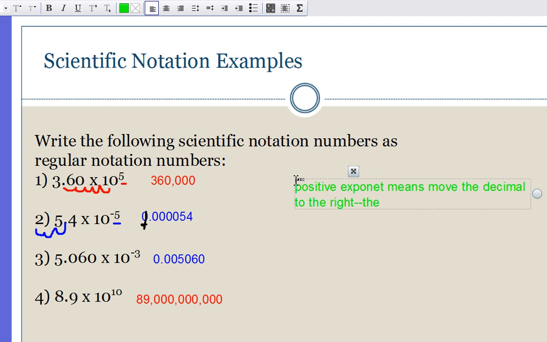The number gets larger. Alright, so then in the opposite, a negative exponent means move the decimal to the left.